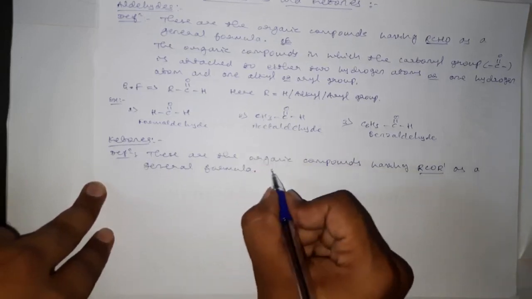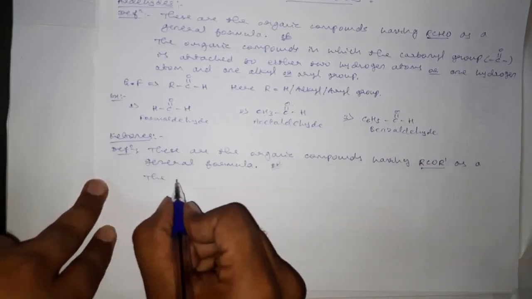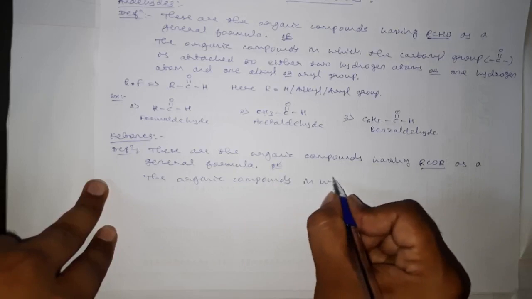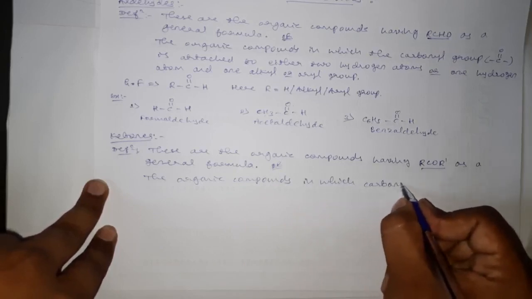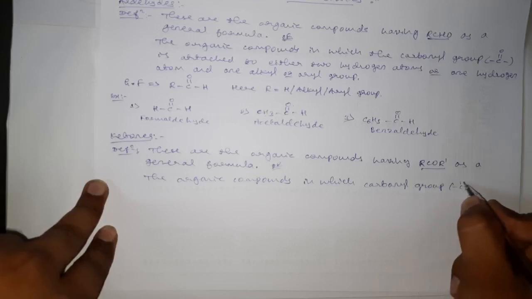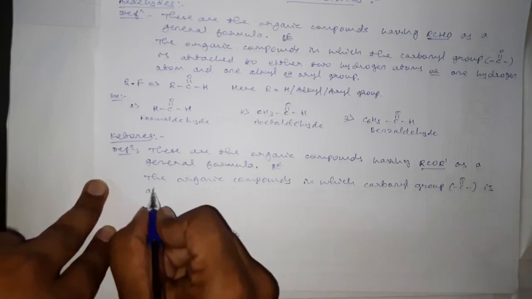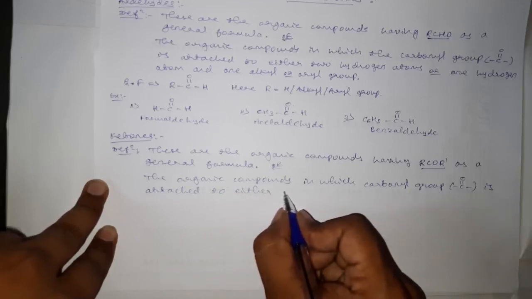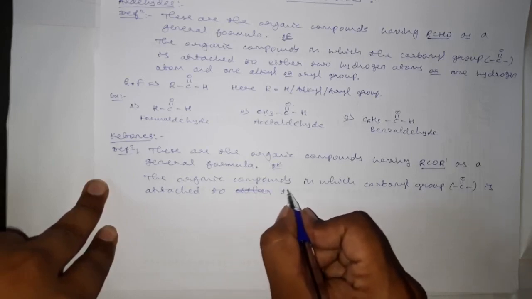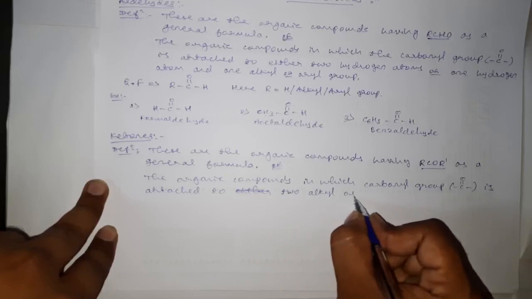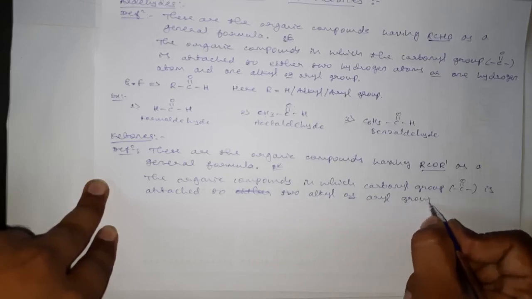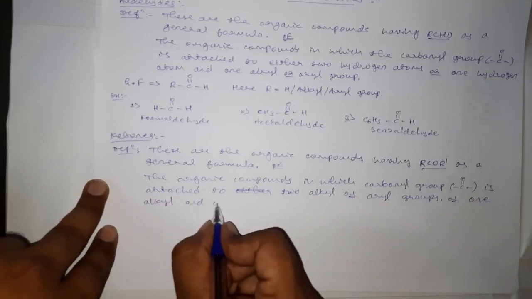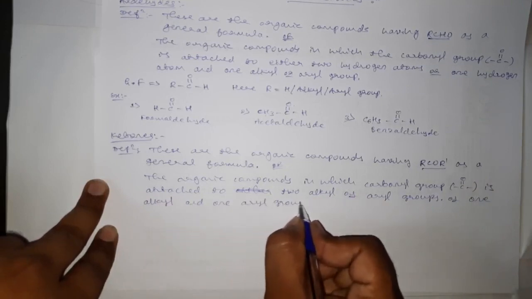may be considered as a ketones. Or we can define the ketones in other way, that the organic compounds in which carbonyl group, that is a C double bond O group, is attached to, sorry, it is attached to two alkyl or aryl groups, or one alkyl and one aryl group.